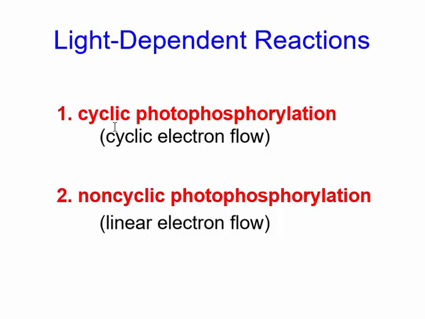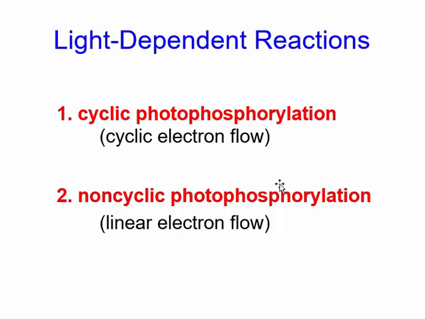And this is called cyclic photophosphorylation, which sounds like a lot, but again, it's cyclic. The photophosphorylation, all this means is we're building ATP using light energy. Photo, light, phosphorylation. Phosphorylation of what? ADP to make ATP.